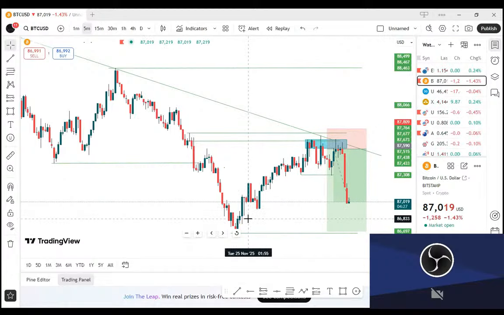But this is a very huge Marubozu candlestick telling us that the sellers are in the market, so we'll still be patiently waiting.